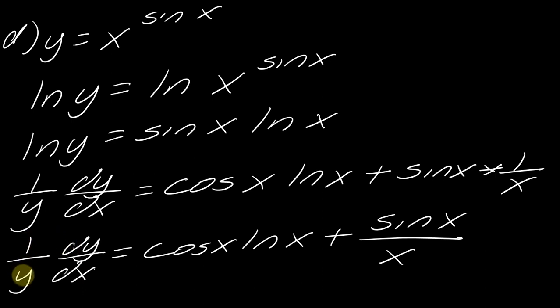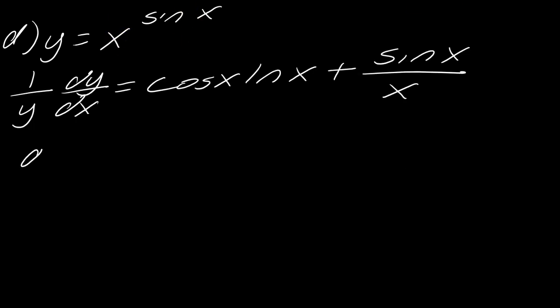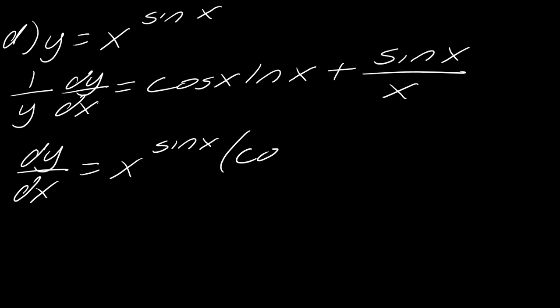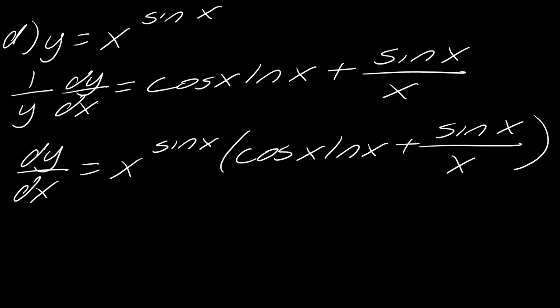And this is a case where y is really clearly stated, so I would actually rewrite y like this. So making some space, this will be dy dx equals x to the sine of x, times cosine x times the natural log of x plus sine of x over x, and boom, done.